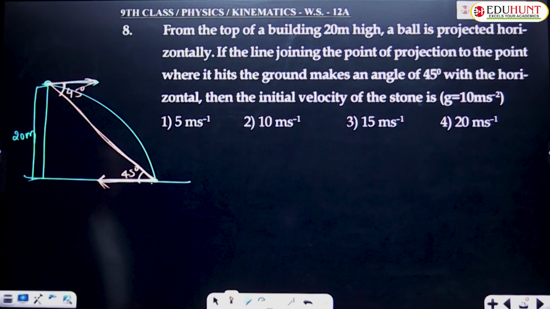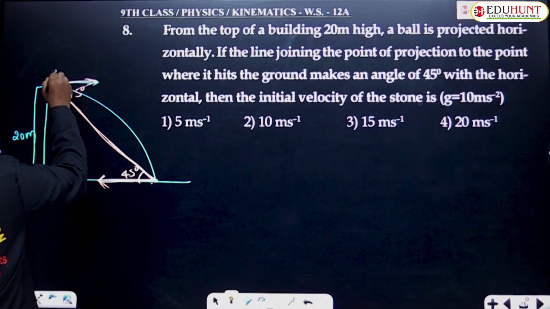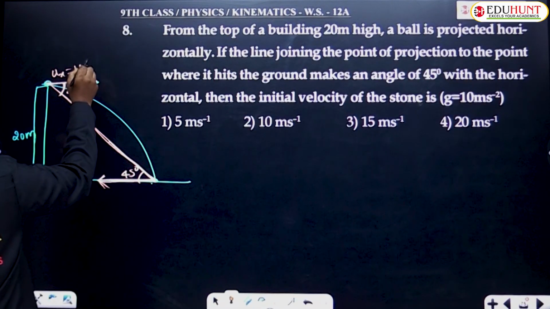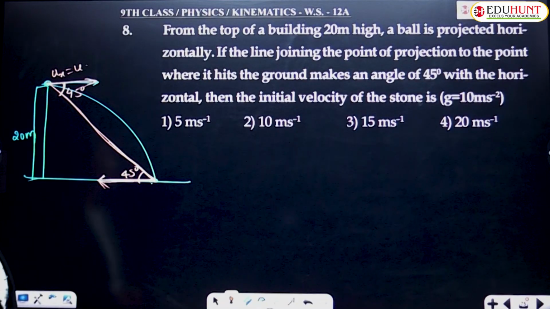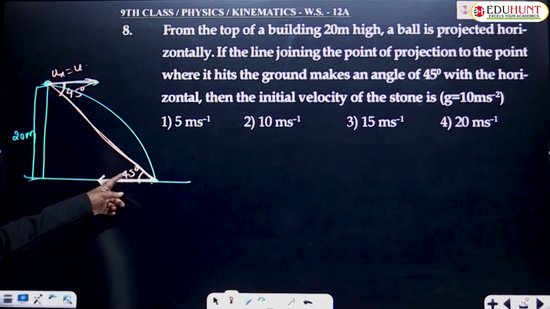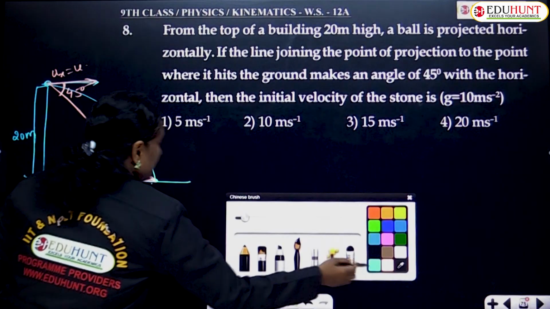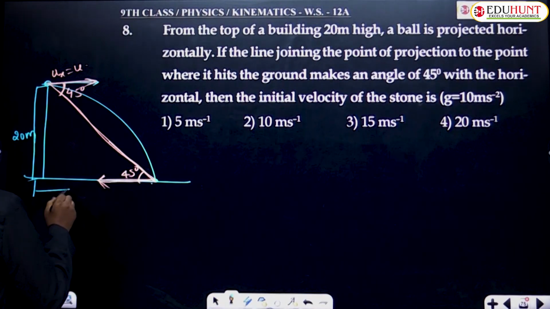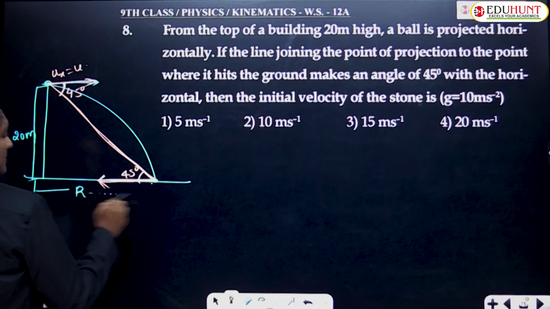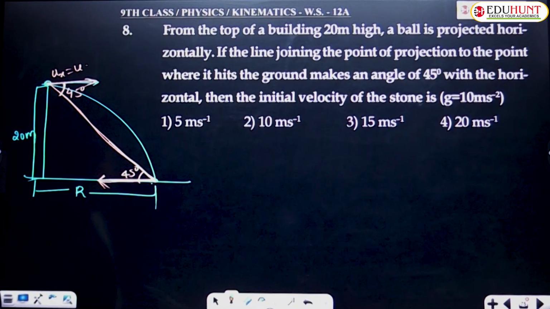Okay. So, based on that, the initial velocity of the stone is, so here we have thrown it with some initial velocity. This initial velocity you are asked to find out. Children, if theta is equal to 45 degrees, we know that if this 20 meters happens to be the height, then this horizontal distance will be range.